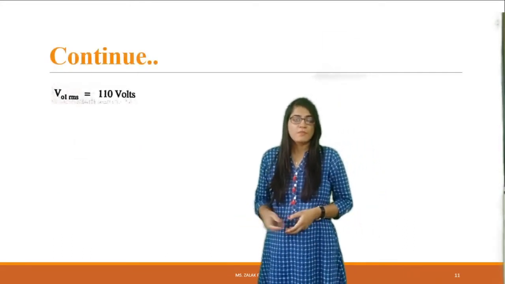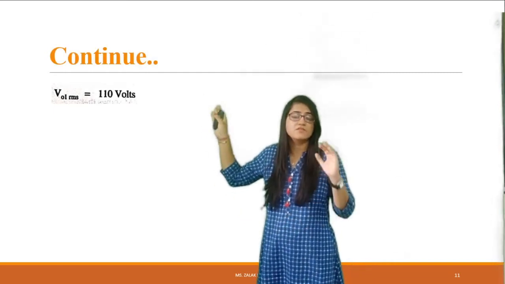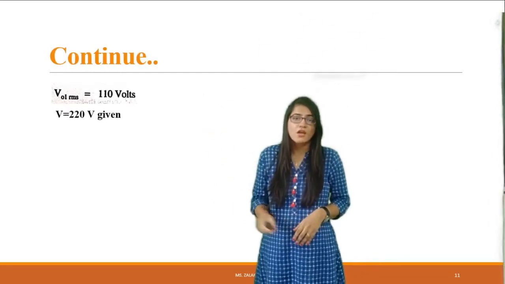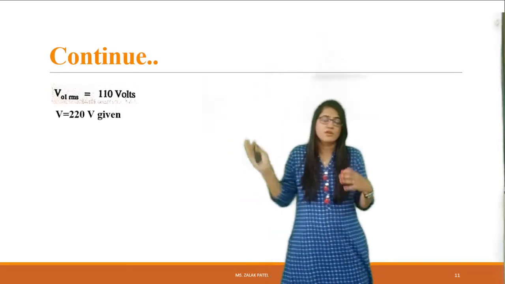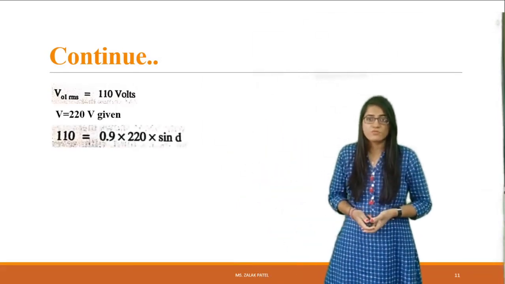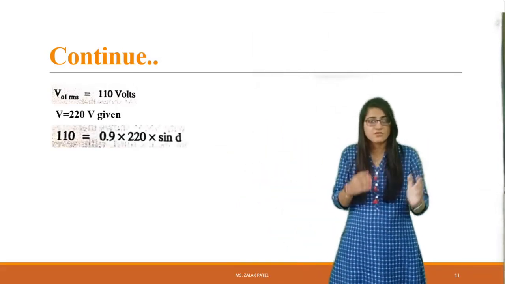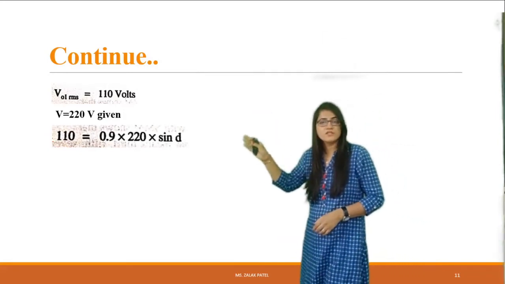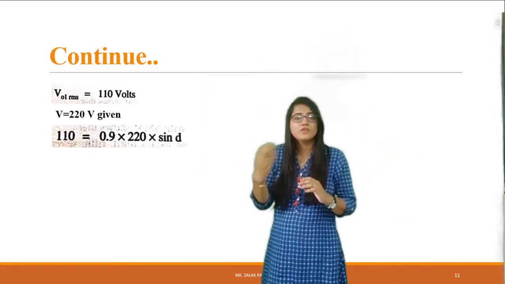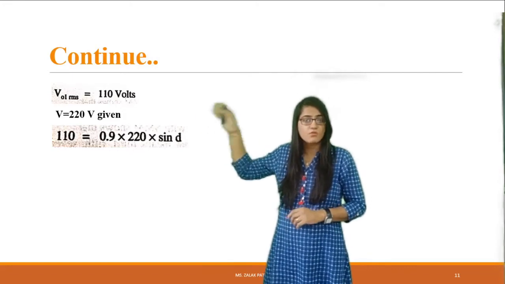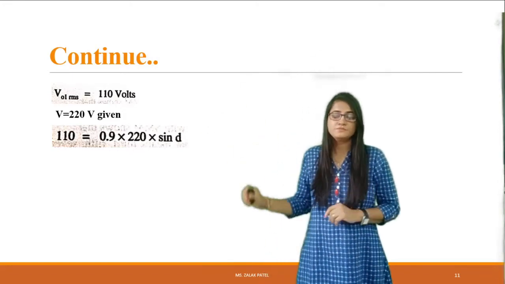Now for the fundamental RMS voltage, it is given that V0 equal to 110 volt and the source voltage is 220 volt. So let's put the values in the last equation. It will be 110 equal to 0.9 into V, where V equal to 220 volt, as given in the problem statement.